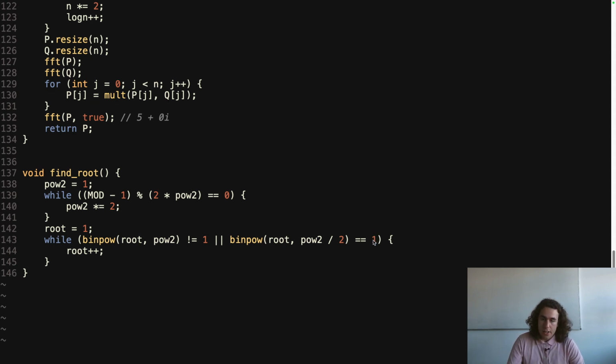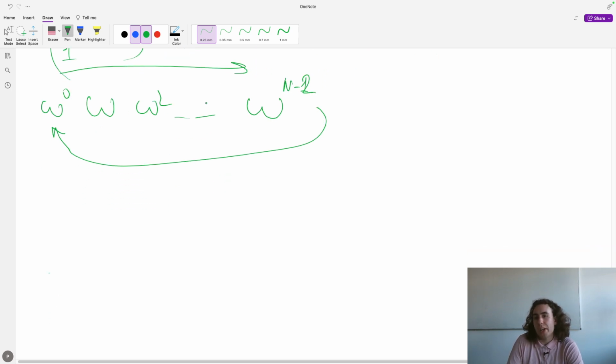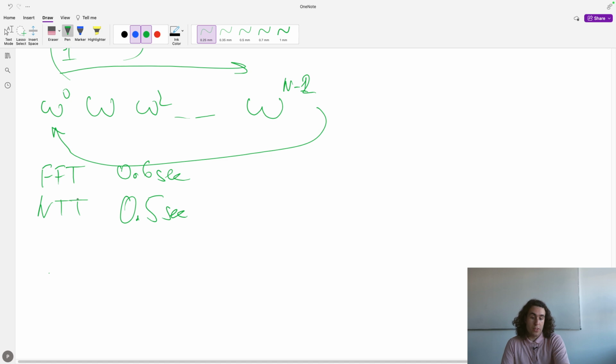And this algorithm for our constraints works in 0.5 seconds. So even a little bit faster than the fastest implementation of FFT that we had, which worked in 0.6 seconds.